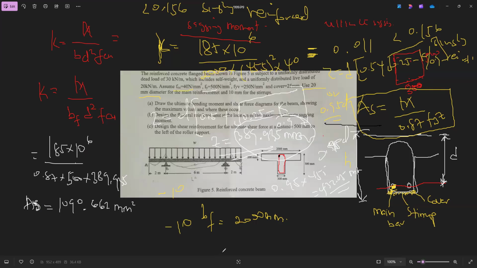So with this, if you want to get the number of bars, you divide by the area of a single bar. What's the diameter of the main bar? I think 20, so 20 squared.